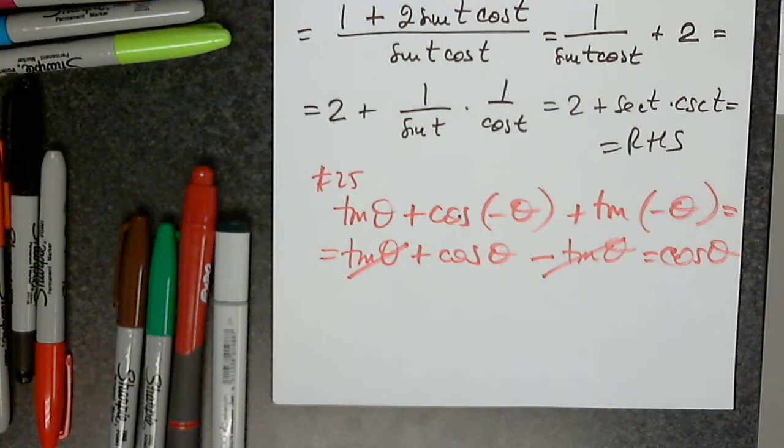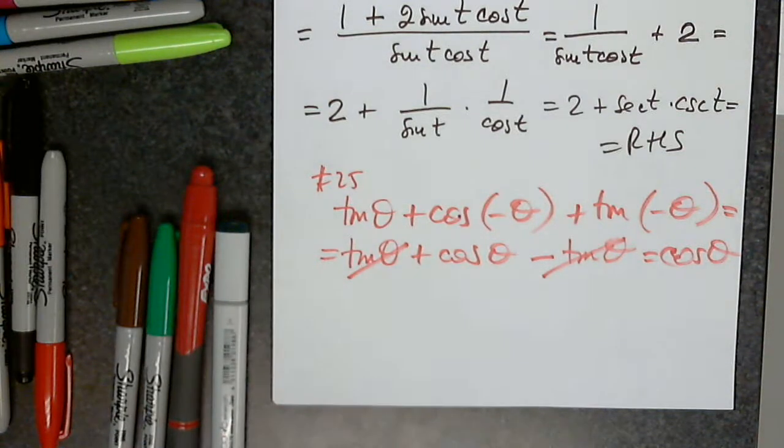If I'm given sine of negative alpha, I know it's negative sine alpha. If I'm given secant of negative alpha, I know it's secant alpha, because secant is even and cosine is even and everything else is odd. Always keep that in mind.